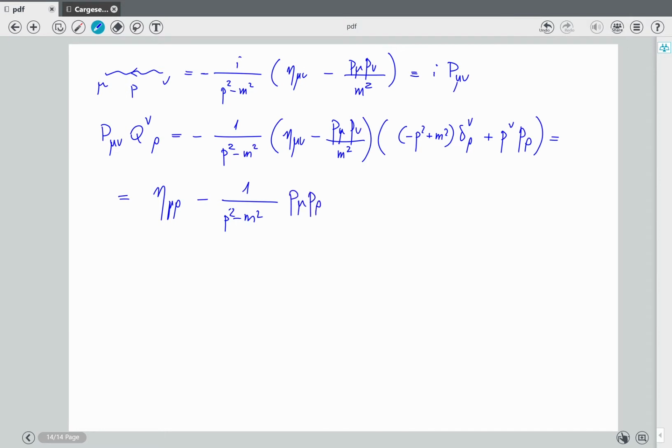And finally the term that we were writing before is equal to plus 1 divided by m² (p² minus m²), and then we have a p_μ that stays out, p_ρ times minus p² plus m², and then p^ν plus p² p^ρ. Okay.